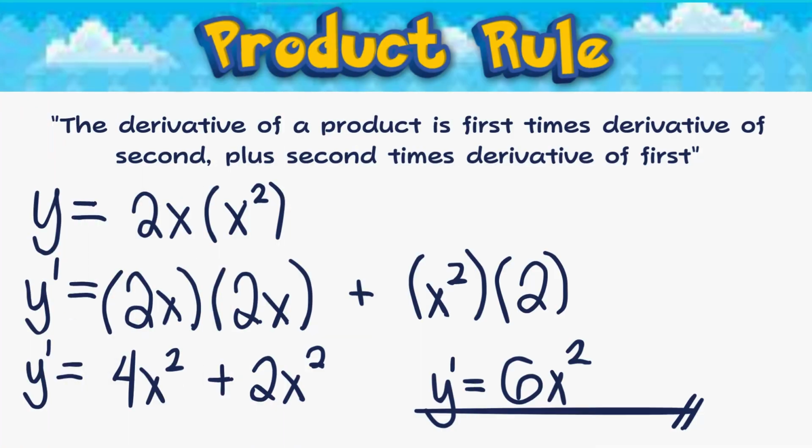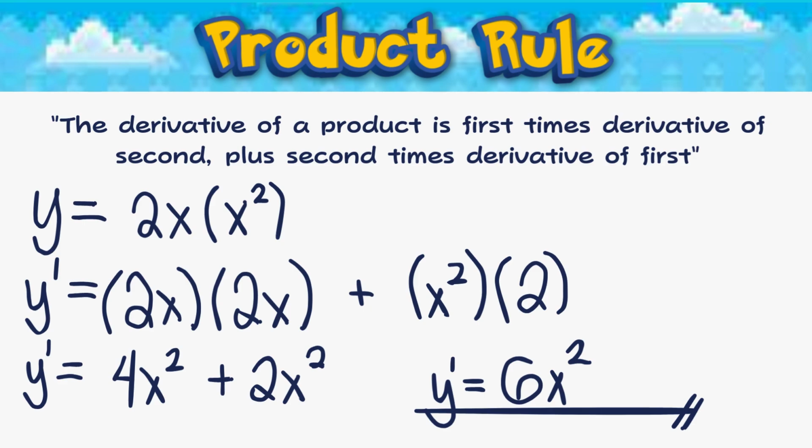In the product rule, the derivative of a product is the first times the derivative of the second plus the second times the derivative of the first. For example, y is equal to 2x times x squared. So, y prime is equal to 2x times the derivative of x squared, which is 2x, plus x squared times the derivative of 2x, which is 2.